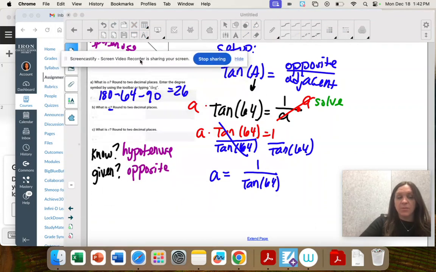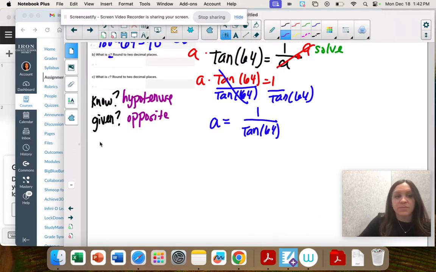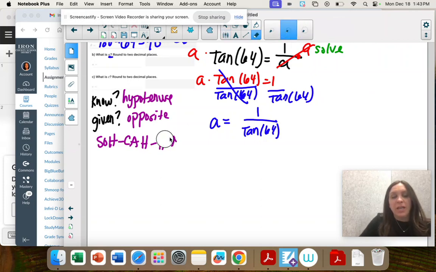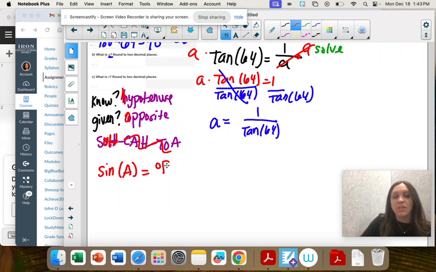So this is going to help us determine, do we want sine, cosine, or tangent? So think sine, cosine, tangent. Oops, I'm writing tangent because I'm saying it. I like to use SOHCAHTOA to remember all of these. So which one has H and O? Sine. So S is for sine. We have sine of some angle equals opposite over hypotenuse.